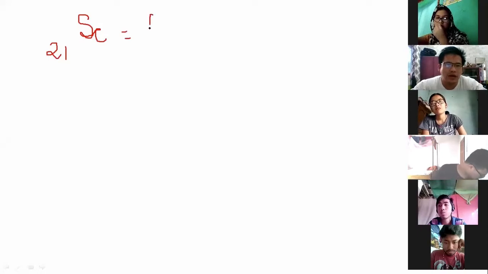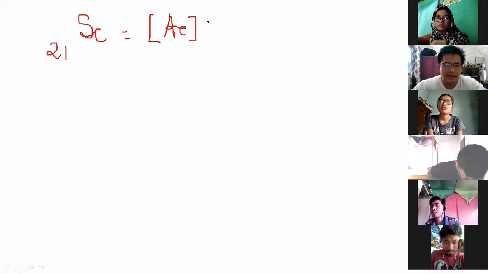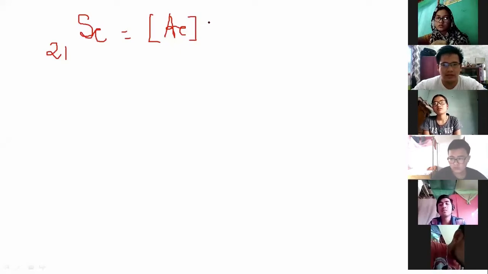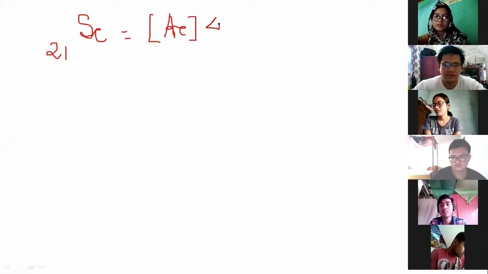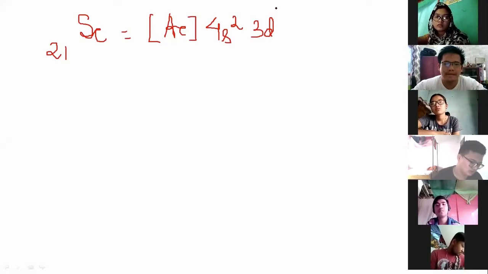I can shorten the electronic configuration with argon. The atomic number is 21, so I can write the configuration as argon, then 4s2, and how many d orbitals in the principal quantum number 3? 3d1.